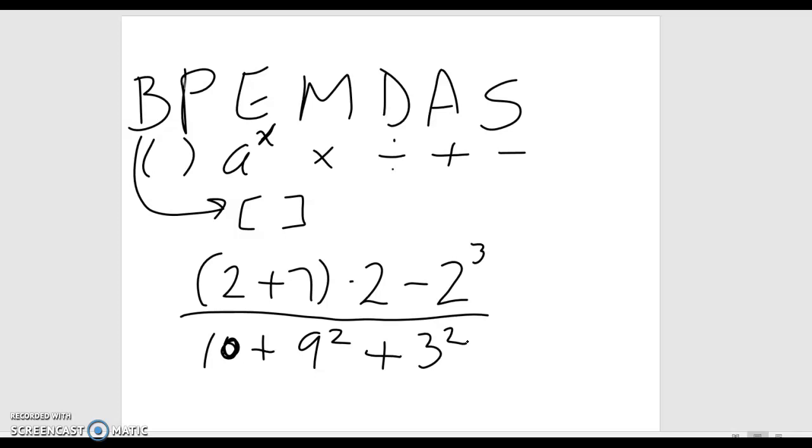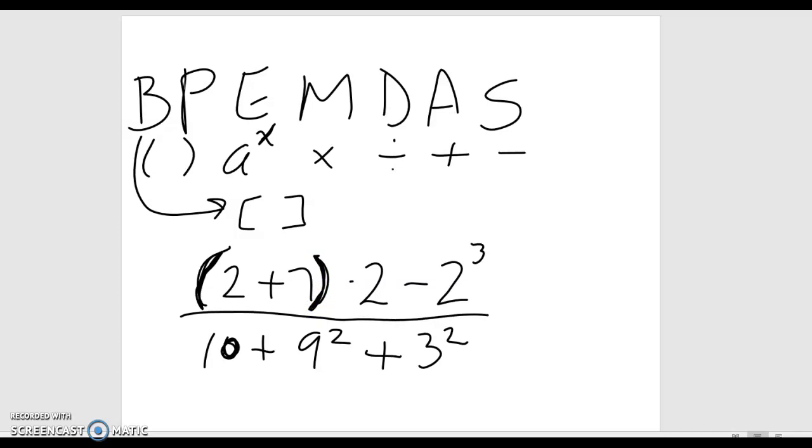The very first thing that I notice is that we don't have brackets. We do have parentheses though. So let's keep that as the color black. Our parentheses are here and here. So we'll be taking care of what's inside of that first. The next letter, E, stands for exponents.